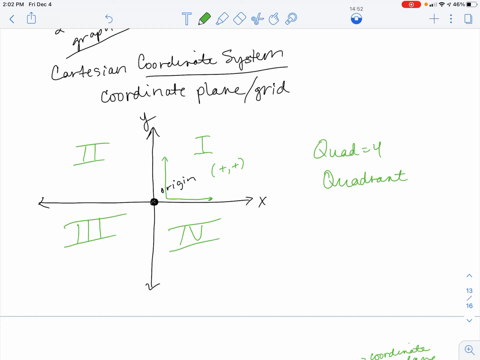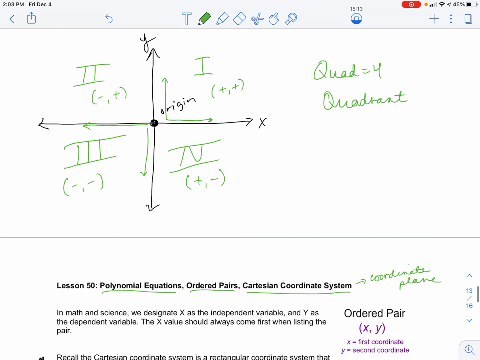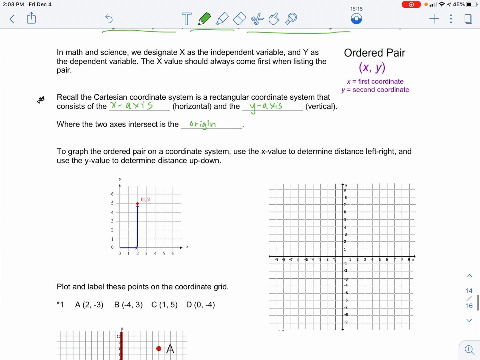And then down here, quadrant 3, they will both be negative, right? Because I'm always going to be going this way on the x-axis and down on the y-axis. Up in quadrant 2, you're going to have a negative and a positive. And in quadrant 4, you're going to have a positive and a negative. And that's just the way they are all going to roll.